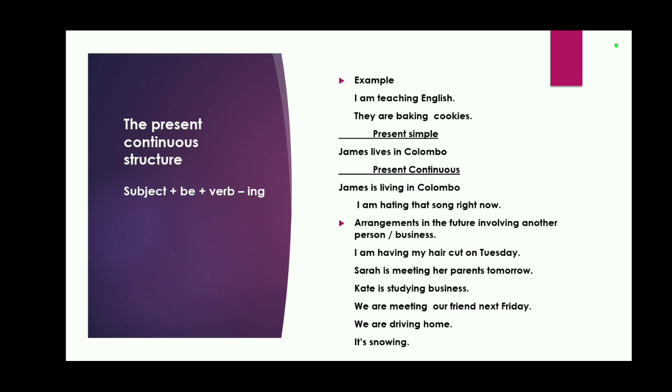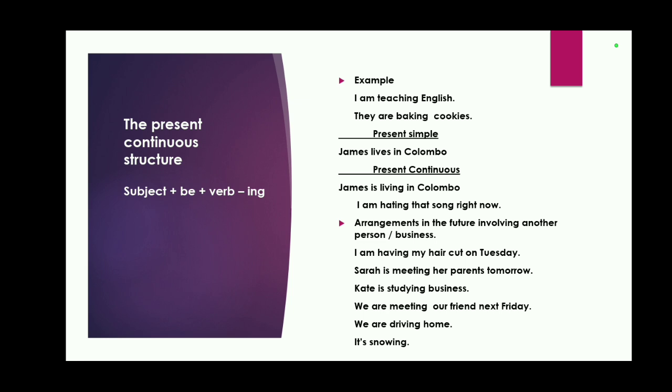Compare these two sentences. James lives in Colombo. James is living in Colombo. In the first sentence, I use the present simple because I think his state is more or less permanent.